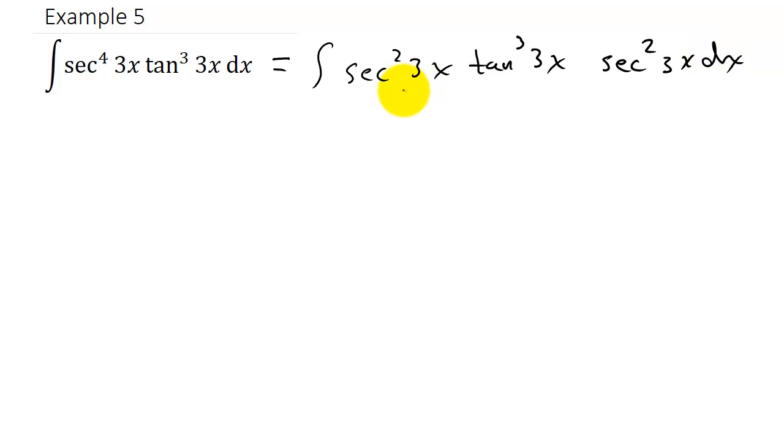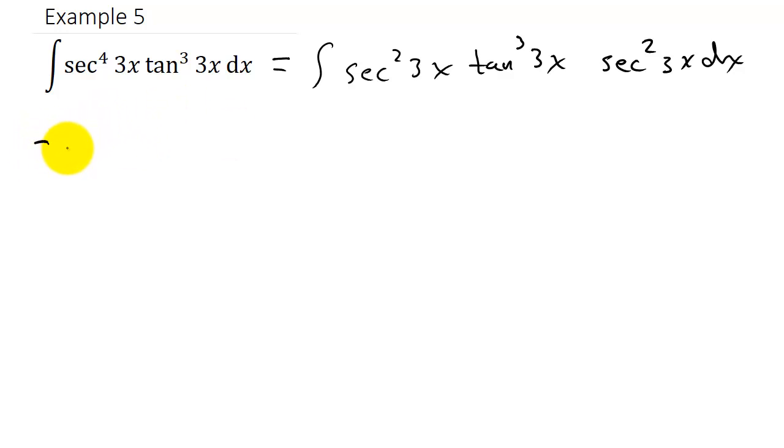And now what does it say to do? It says convert the remaining factors in terms of tangent. So I need to convert secant squared into terms of tangent. Well, if you remember your trig identities, secant squared x is equal to 1 plus tangent squared x.